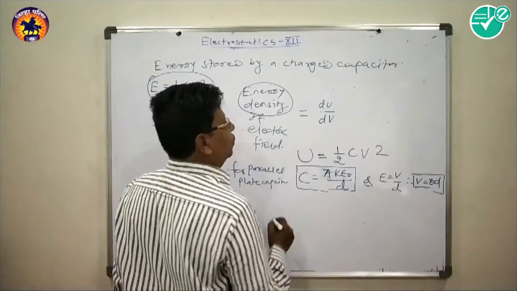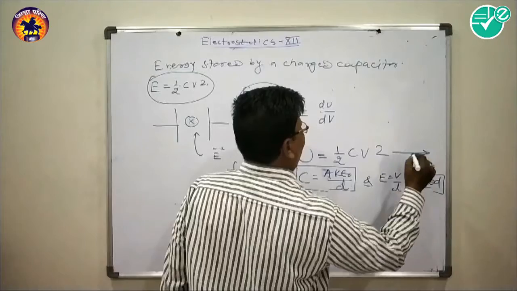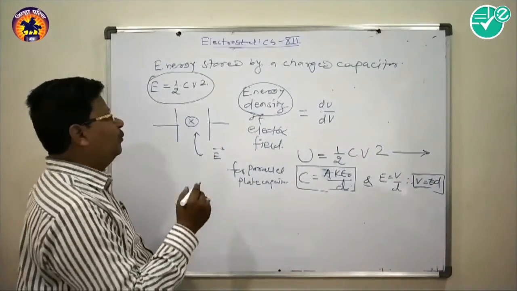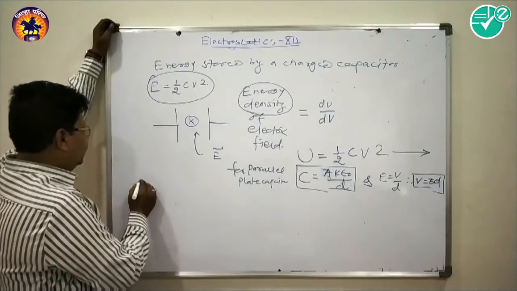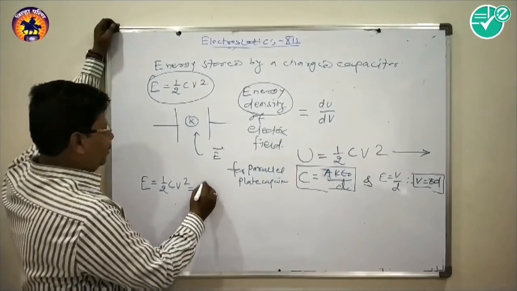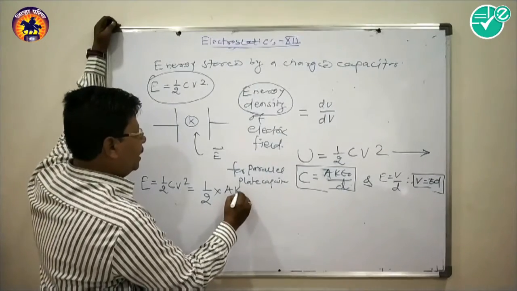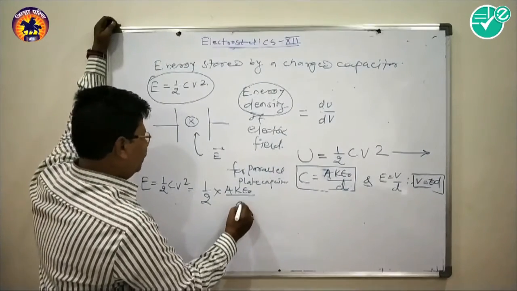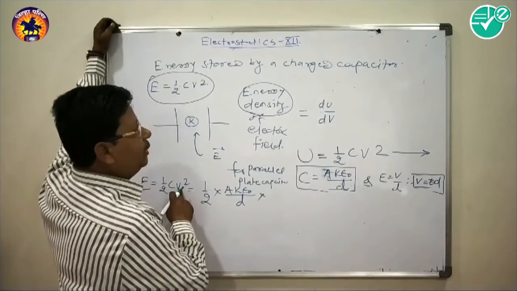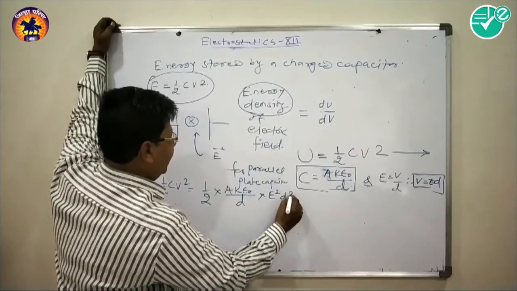If these two values are substituted in the expression for this electrical energy, then we get E is equal to 1 by 2 CV square is equal to 1 by 2, value of C is A K epsilon 0 divided by D into value of V is E into D, so E square divided by D square.